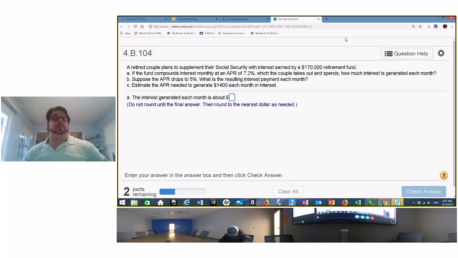A retired couple plans to supplement their Social Security with interest earned by a $170,000 retirement fund. If the fund compounds interest monthly at APR, or R, of 7.2%, which the couple takes out and spends, how much interest is generated each month?